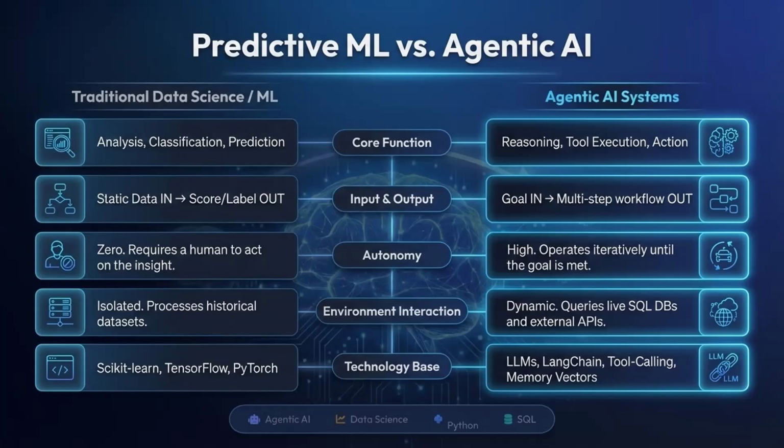But agentic AI is not like predictive, it is goal oriented. It will have an outcome, that is a workflow, and finally it will achieve something. It can be a prediction also, but not only prediction, it will be more than that. And autonomy is zero in ML because it requires a human to act on the insight.